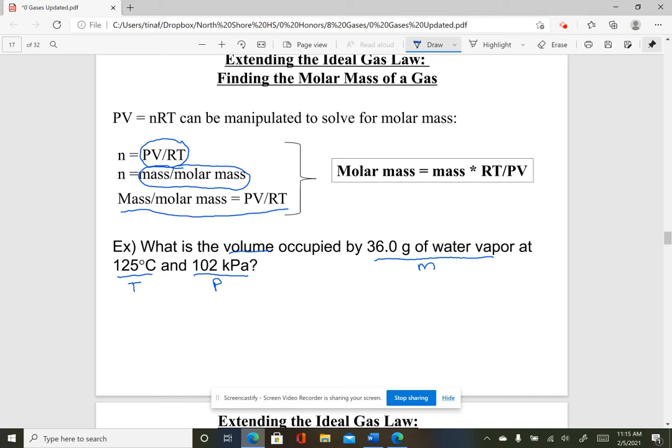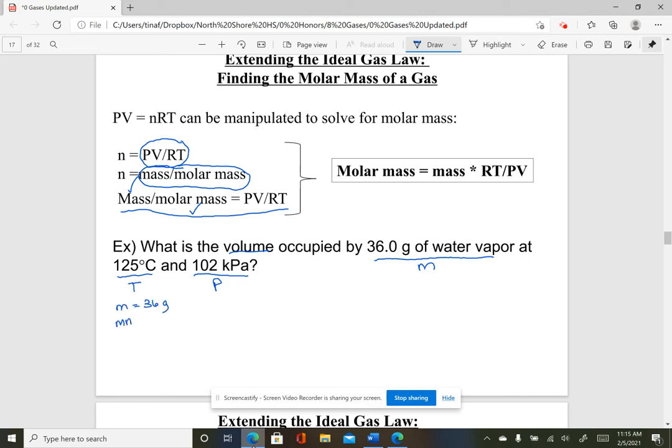So we have mass in grams, that's good. We're solving for molar mass. P has to be in ATMs. So I'm going to say, all right, well, let me write what I'm given. 36 grams.